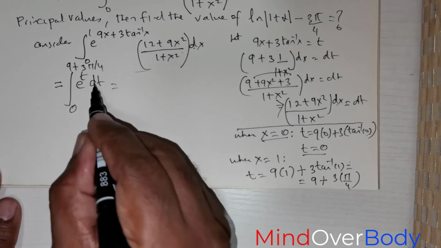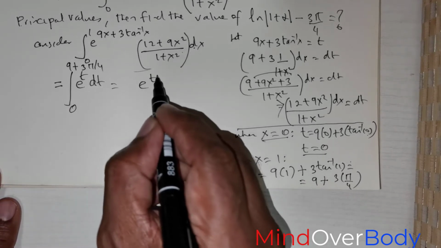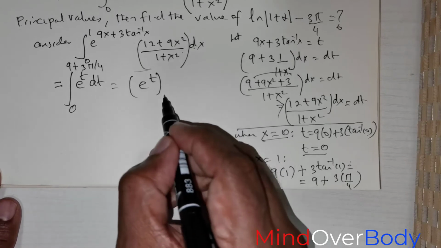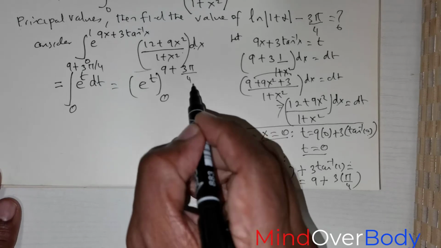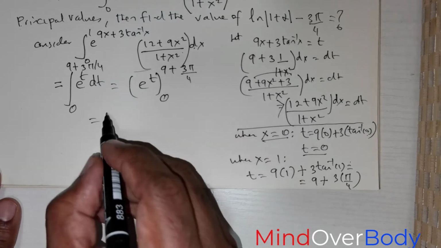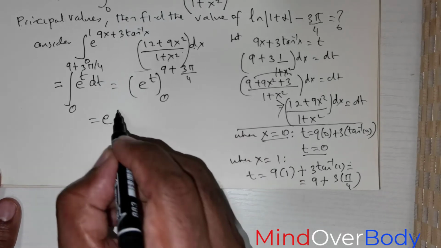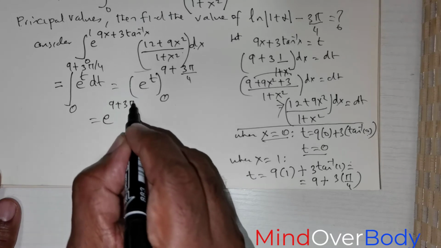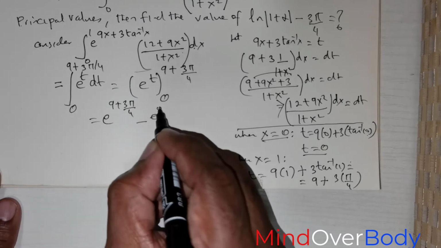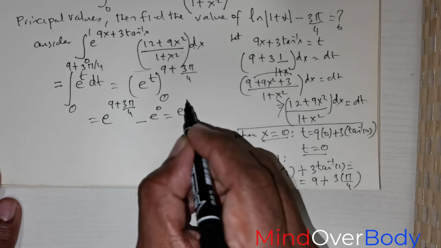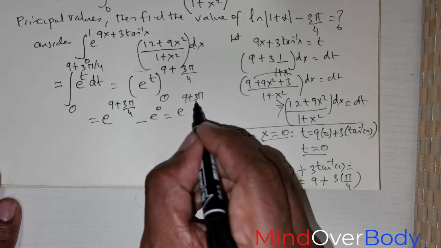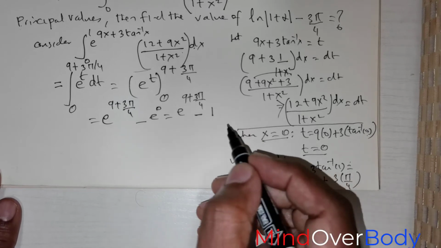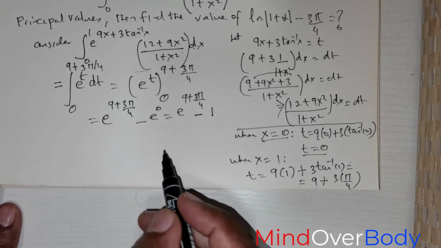Now if I were to integrate this, it is going to give me e raised to the power of t, with the limits being 0 to 9 + 3 pi over 4. I substitute the upper limit, I would get e raised to the power of 9 + 3 pi over 4 minus e raised to the power of 0, which is nothing but e raised to the power of 9 + 3 pi over 4 minus 1, because e raised to the power of 0 is 1.